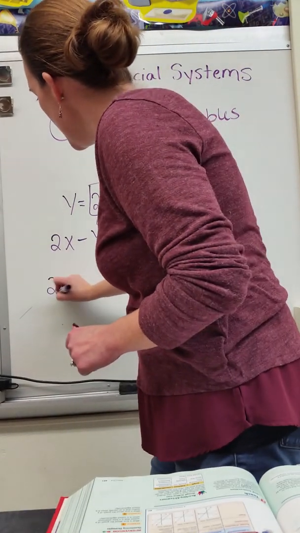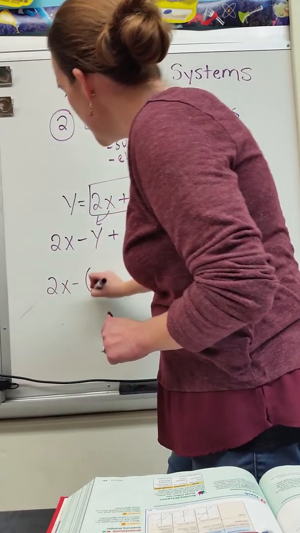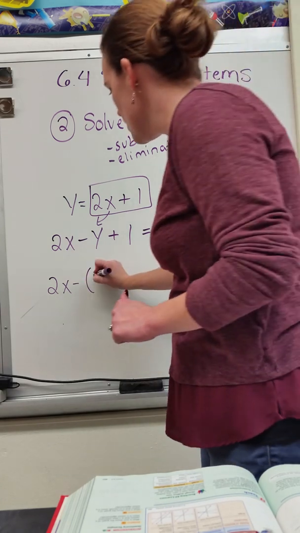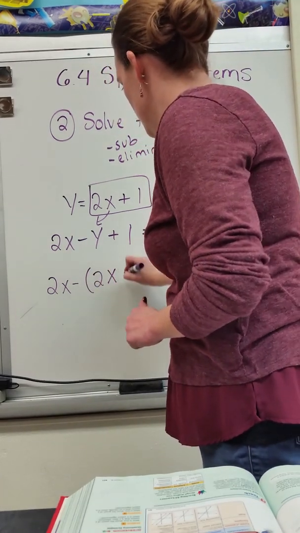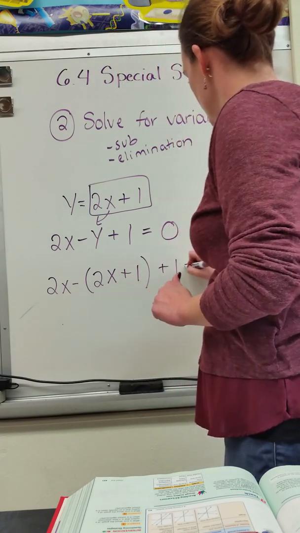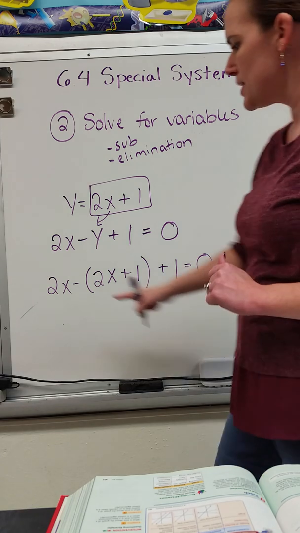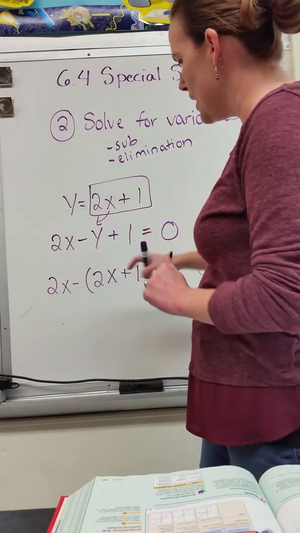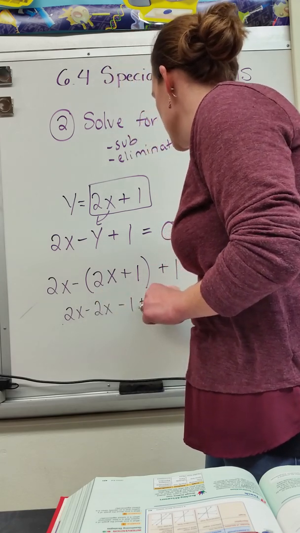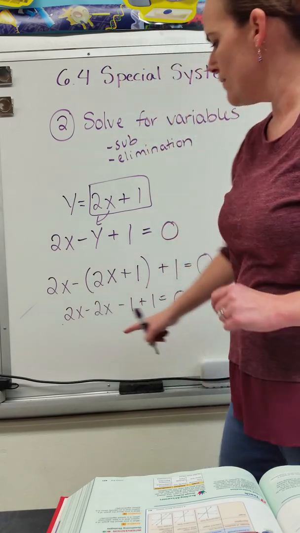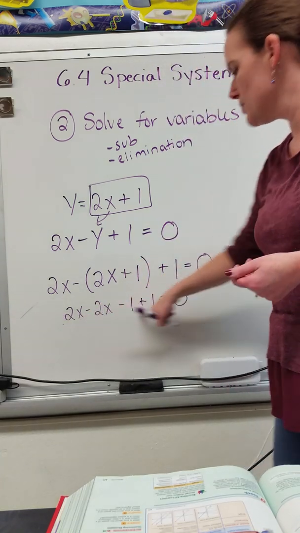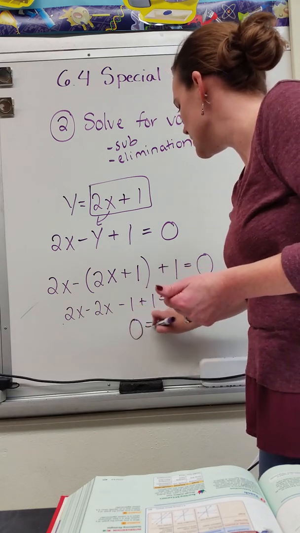I'm going to do 2x minus, and make sure this gets put in parentheses because it's minus this whole quantity, because then you're going to distribute that negative sign. So you'll have 2x minus 2x minus 1 plus 1 equals 0. 2x minus 2x is nothing, minus 1 plus 1 is nothing, so I'm going to end up with 0 equals 0.